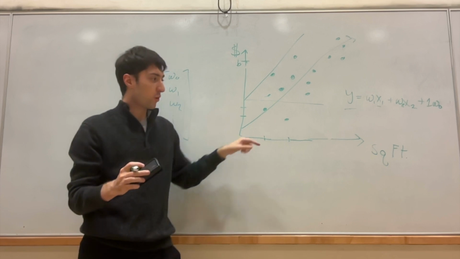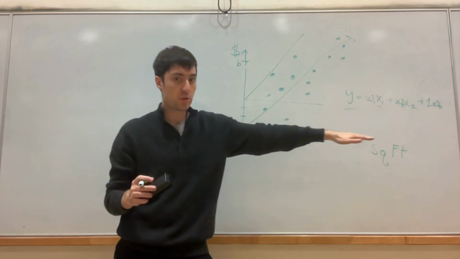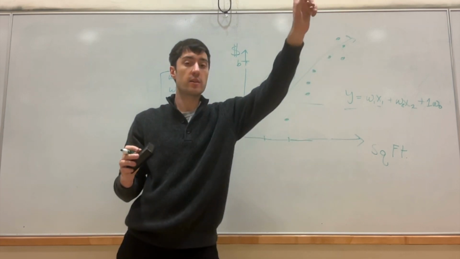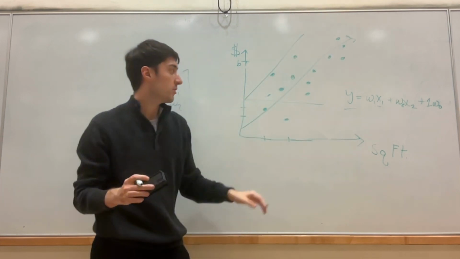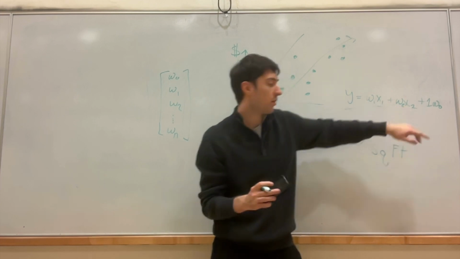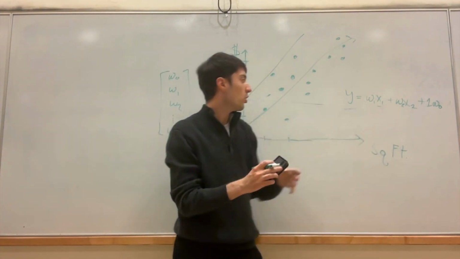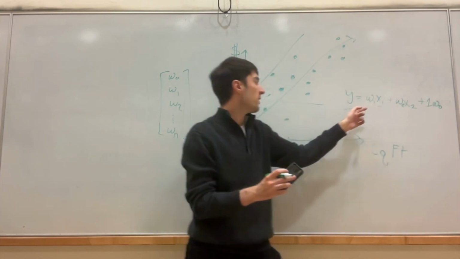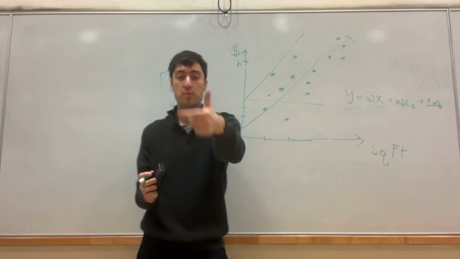So for any input on this 2-dimensional input space, there's going to be a corresponding output, all right? We have a transformation which takes in the inputs and gives out a prediction.